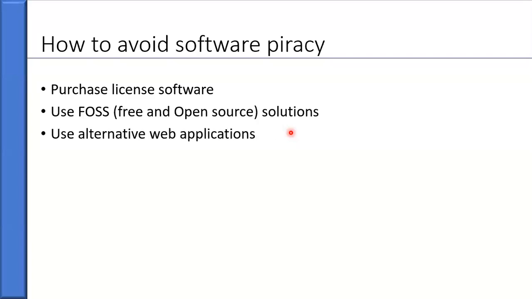And last but not least, I want to speak about alternative web applications. I will give a simple example. If you want to edit a small photo, you can purchase Adobe Photoshop.